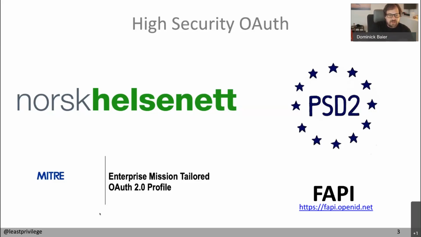Similar things are happening in the States with the enterprise mission tailored OAuth profile. Hopefully we will be able to converge them. There is some work going on in FAPI2, which will be more like a general purpose high security OAuth profile, not tailored specifically to the financial API market. But the ideas are all the same, and I'm going to show you a couple of those things now.